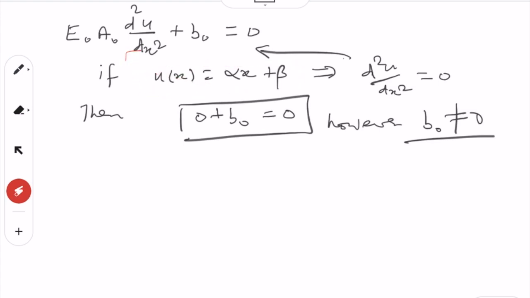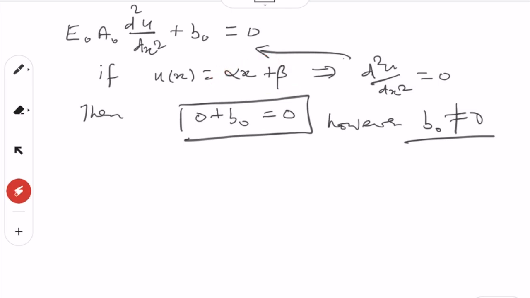If we had an equation with just a single derivative, we would have been able to fit this solution.